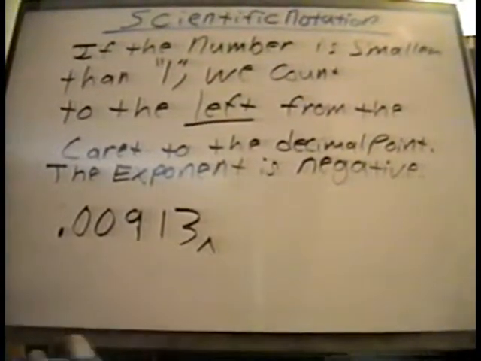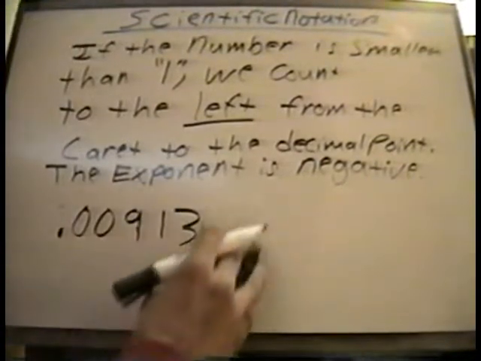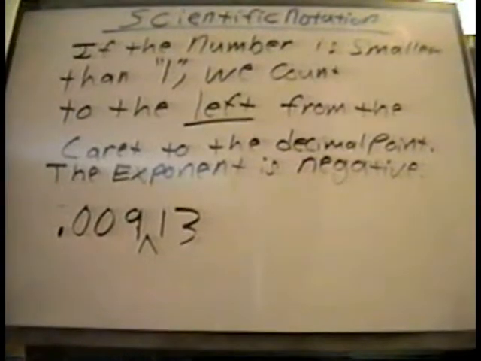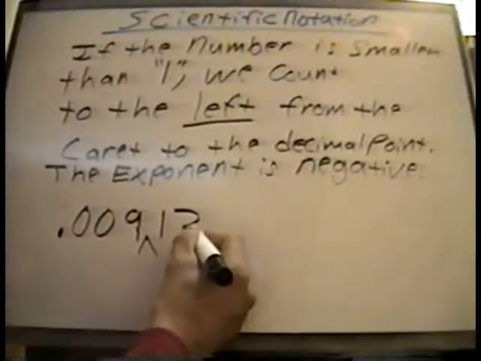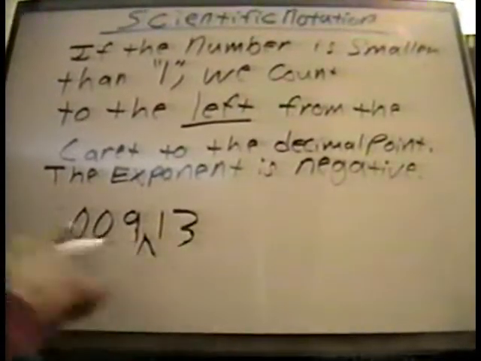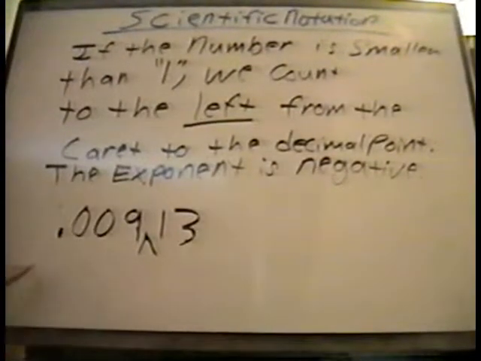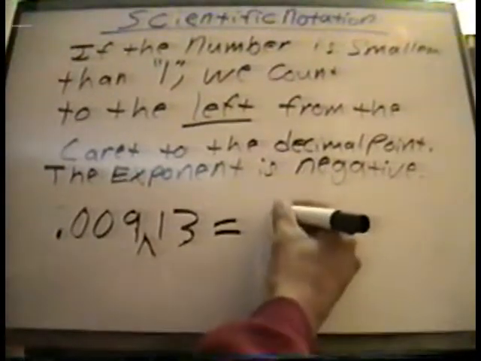We have to place our caret here so that our scientific notation number will be a number between 1 and 10. Now, having our caret here, we count the number of places between the caret and the decimal point. 1, 2, 3 places. So that's going to give us 9.13 times 10 to the power of -3.